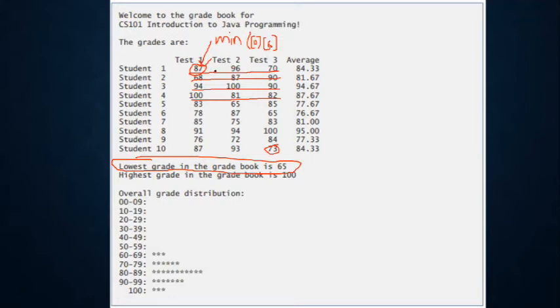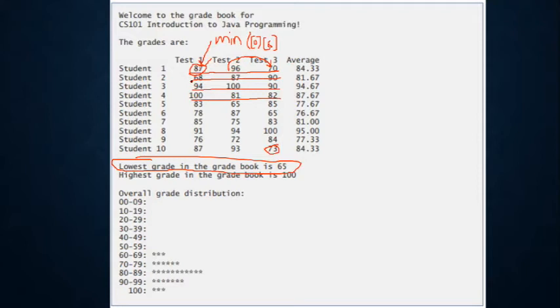Is 87 less than 96? If true, it is still the lowest. We proceed to the next value. Is 87 less than 70? True again, it is still smaller. Nothing happens, it is still the minimum.